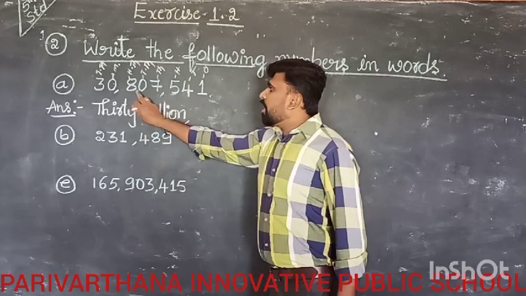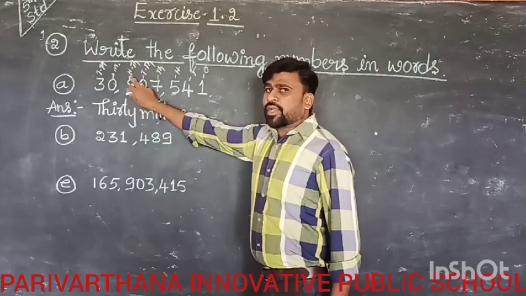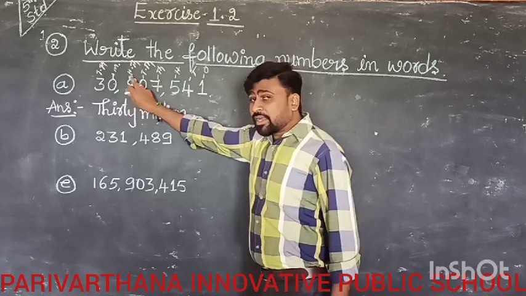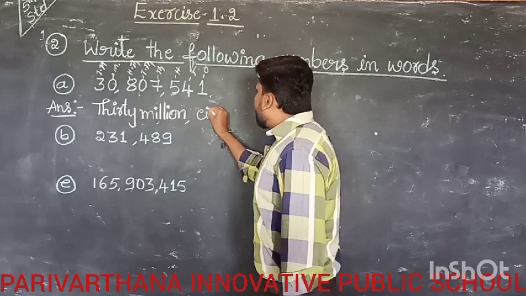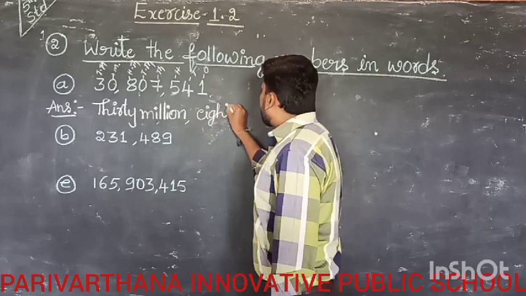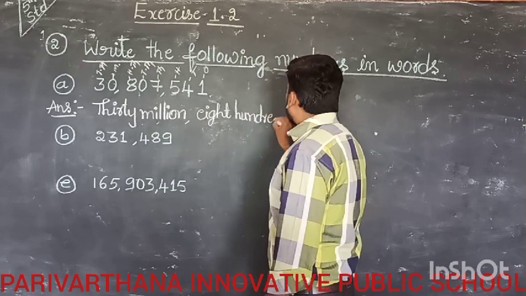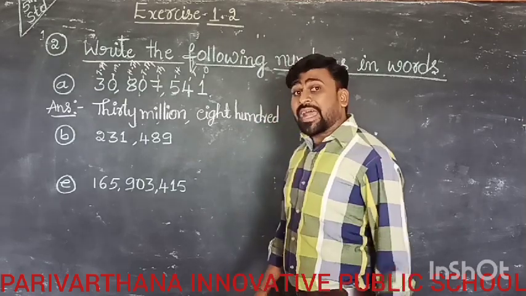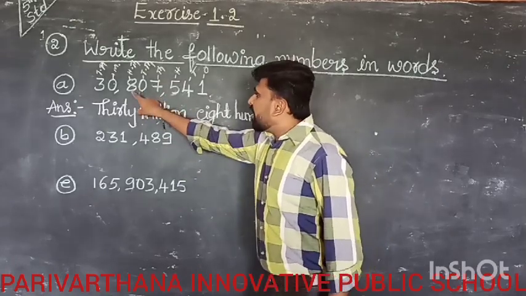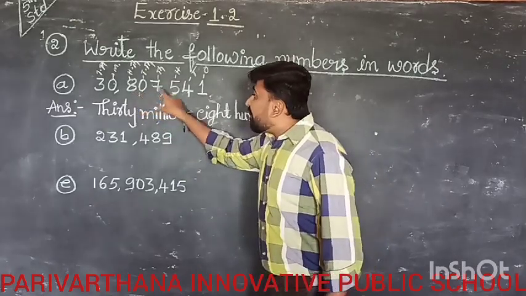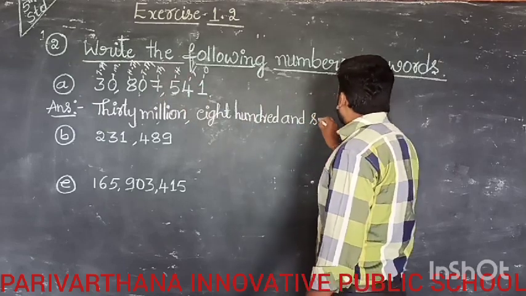Clear? Here regarding the 8, it is in the 100 place. How to read? 800. The 100 place we have to read separately. That is 800, and 07 means 7 only. 800 and 7,000.